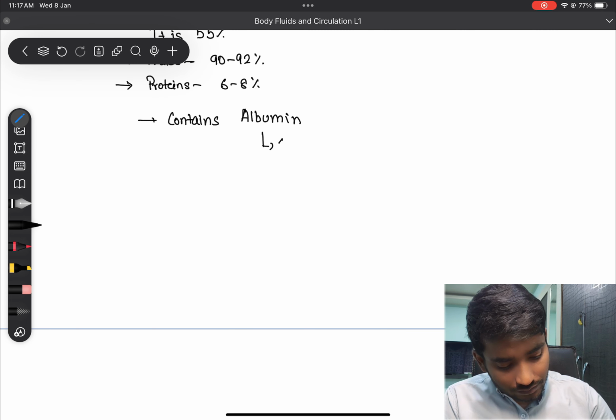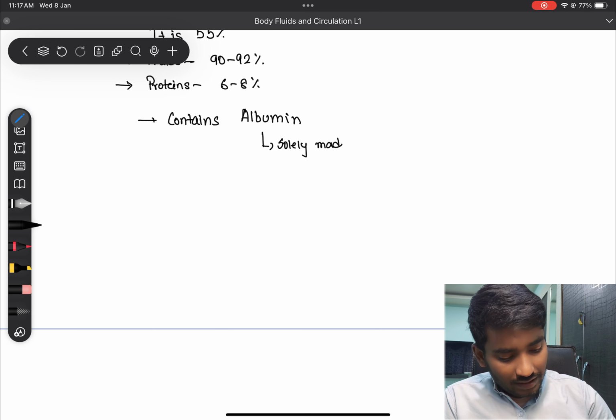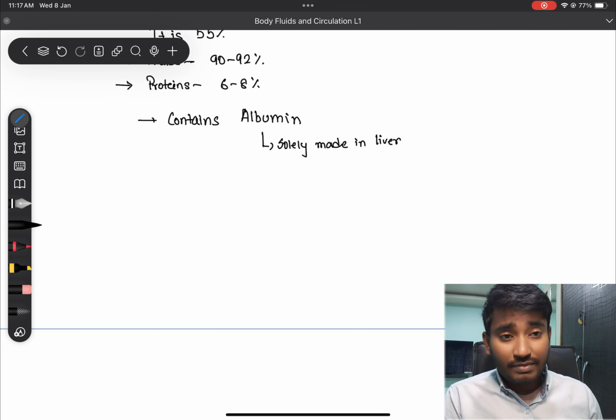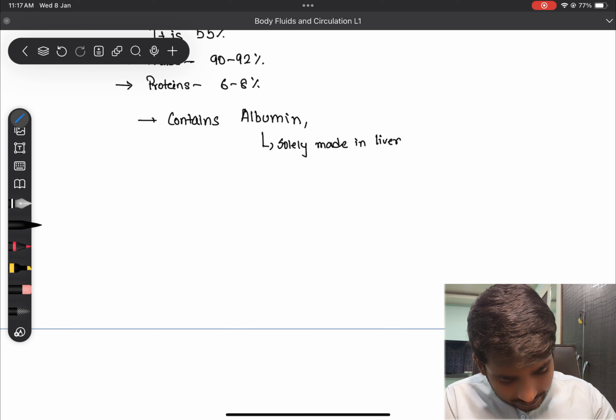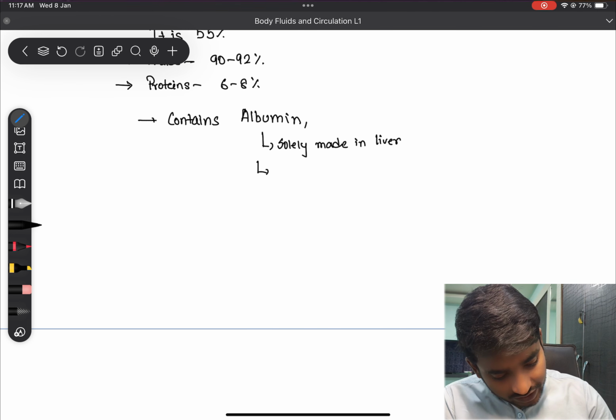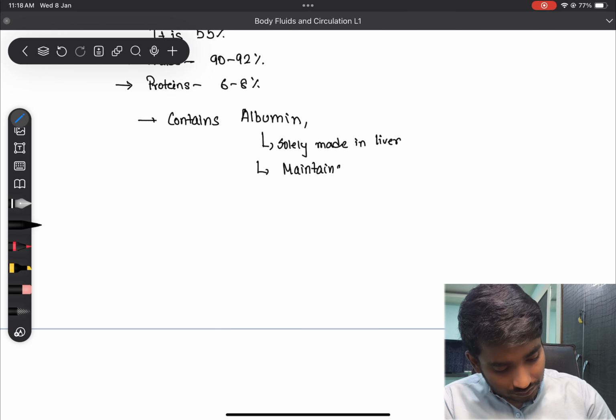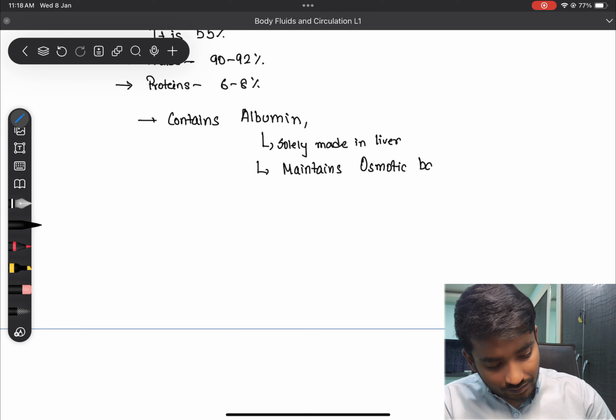Other than the liver, albumin is made nowhere. It is the most abundant protein in plasma. The function of albumin is to maintain osmotic balance.